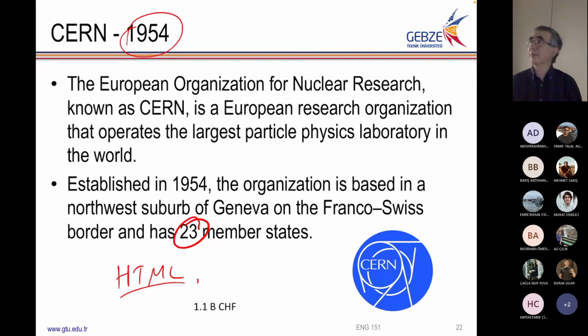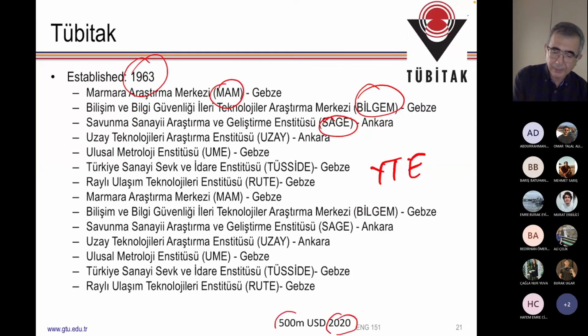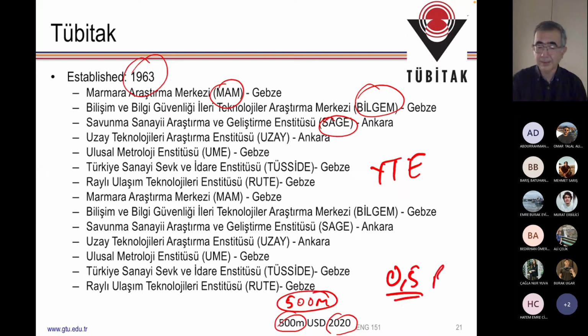NSF money in 2020, $500 million is distributed in TÜBİTAK. I'm sorry, TÜBİTAK, $500 million, so 0.5 billion.